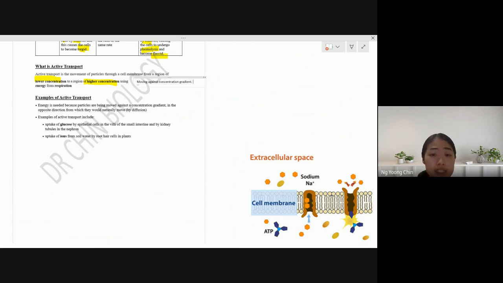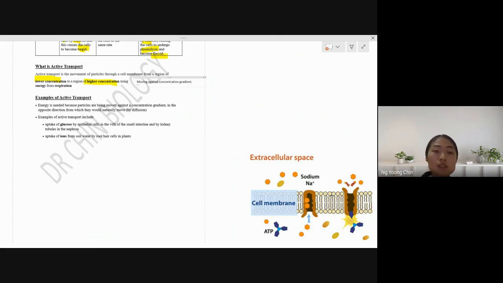Since they are moving against, that means they are moving from the low concentration to the high concentration, right? So imagine that you're climbing a mountain. You're climbing from the lower side and then you reach a peak at the upper side. So in this process, you will require a lot of energy input, so you can climb from the low side to the very top.